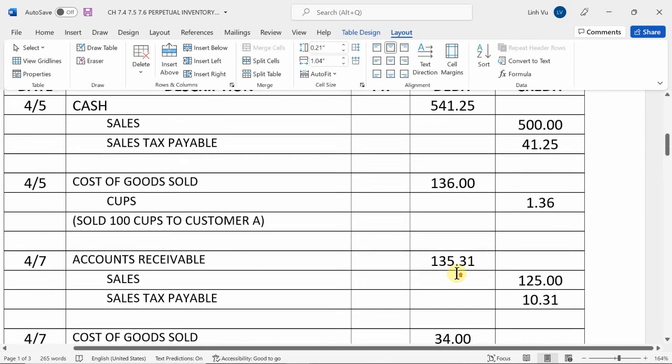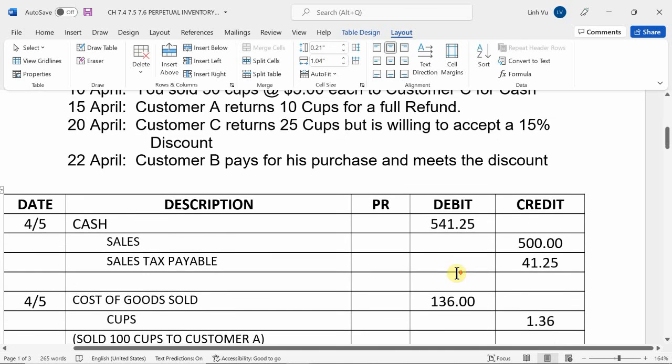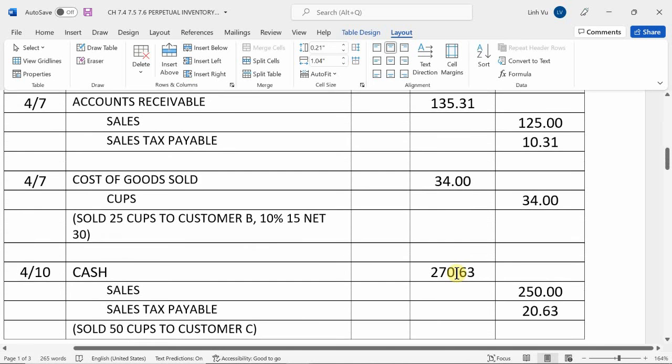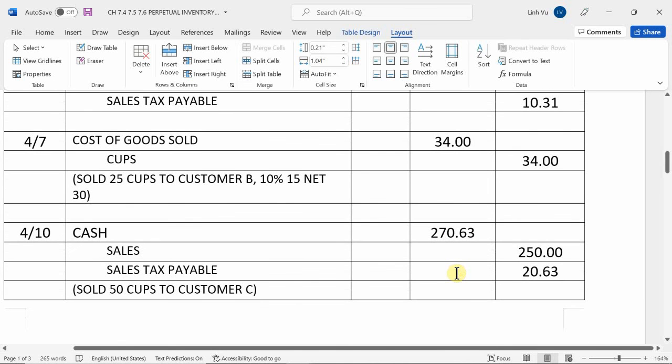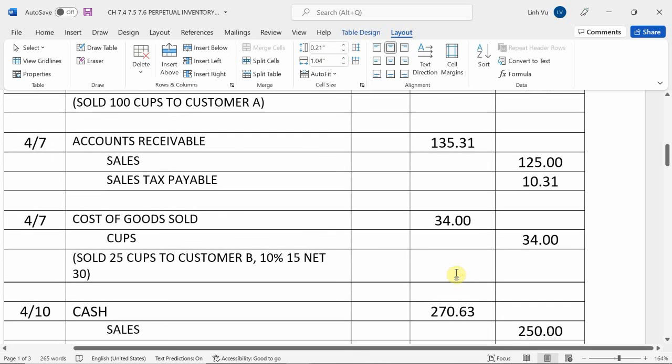Now in this case, when I recognize the accounts receivable, what did I charge my sales tax as? Where's the transaction? Right here, April 7th. We charged it on the 125.